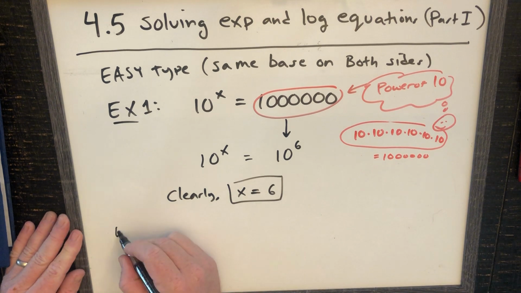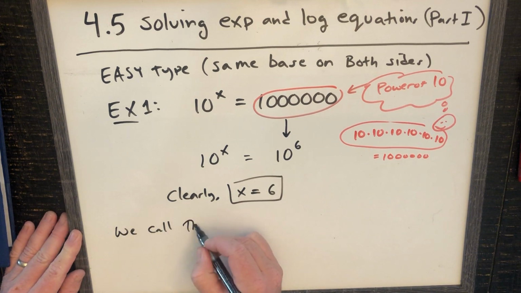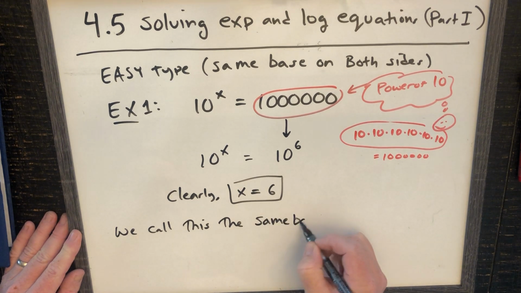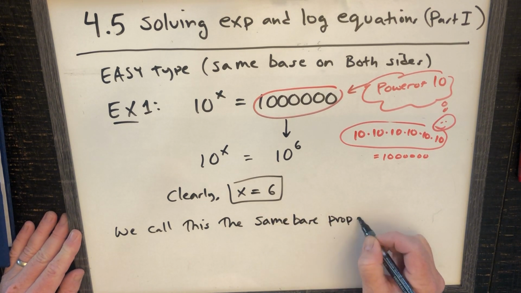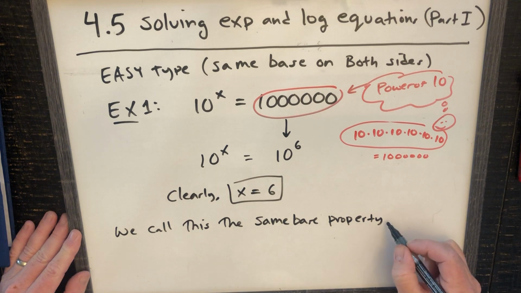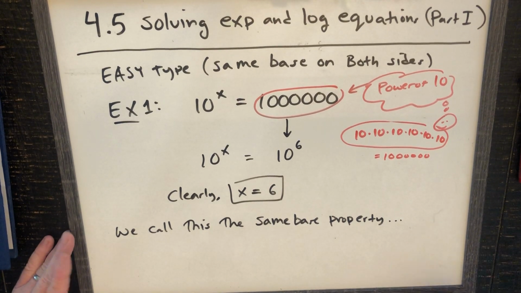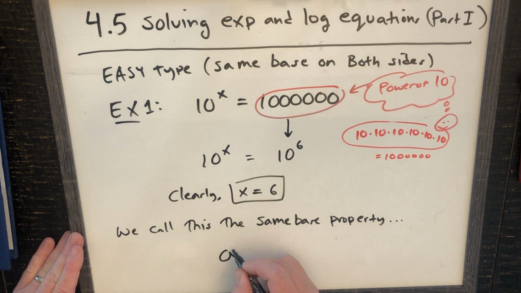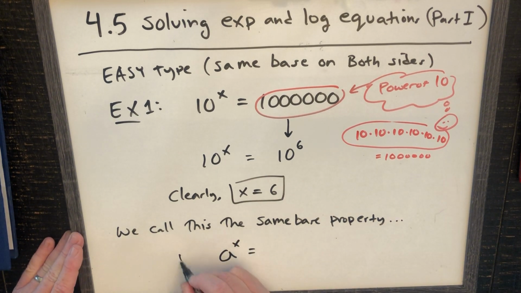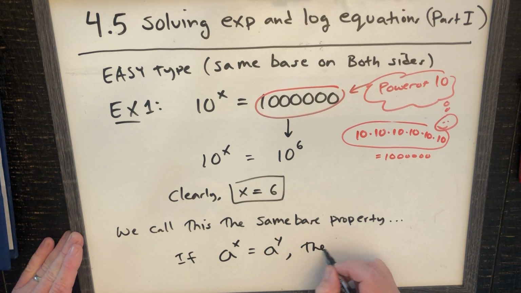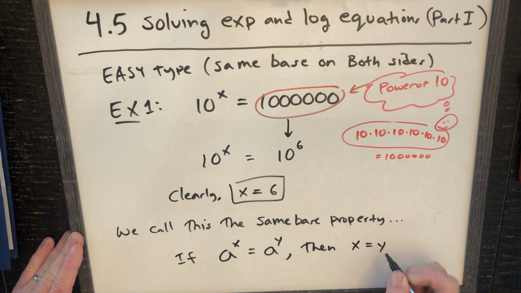We will refer to this as the same base property, and I will continue to use it throughout the lecture. So the same base property symbolically can be written something like this. If a to the x is equal to a to the y, then x must be equal to y.